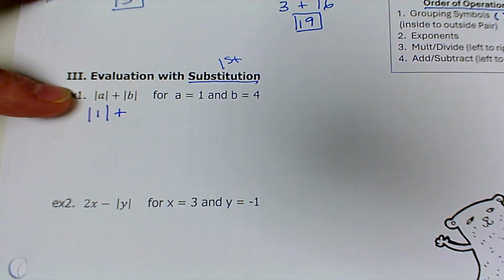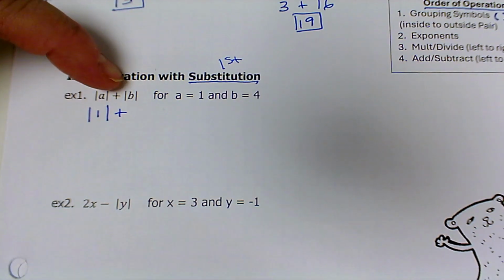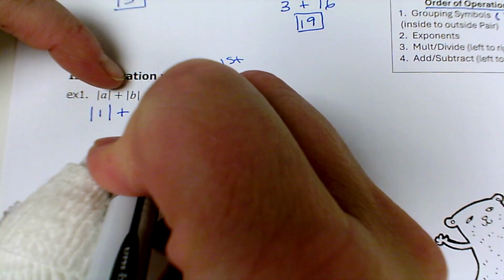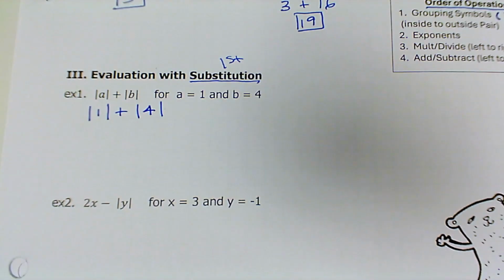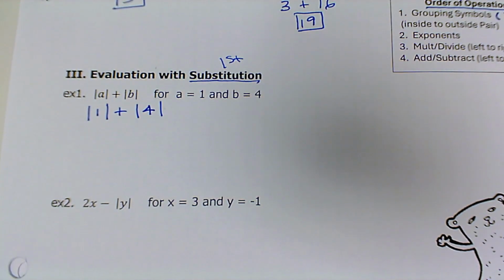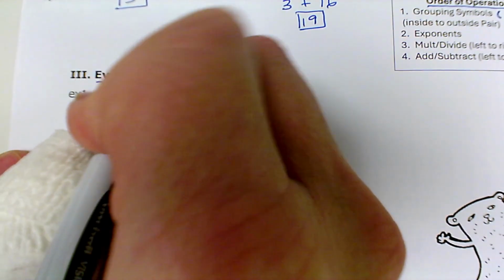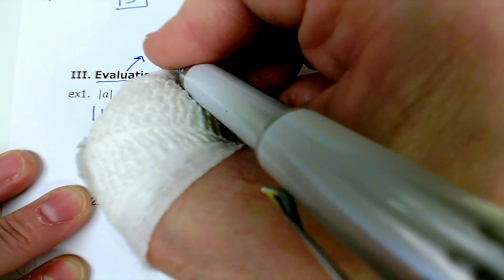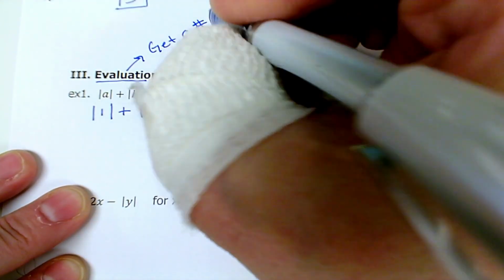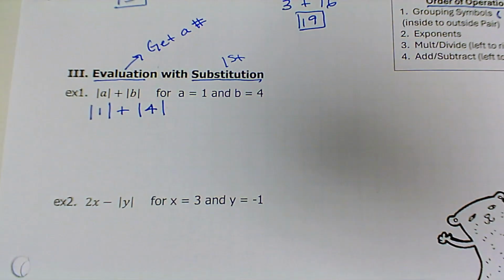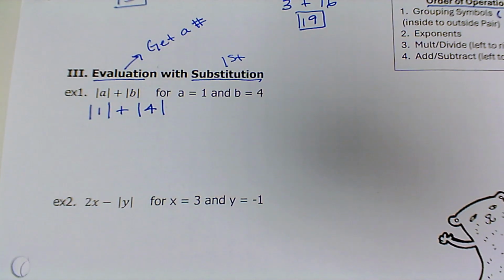Plus, we've got the absolute value of B, B is 4, so the absolute value of 4. So that's your first step, is to substitute. Now, evaluate is slightly different than calculate, because evaluate means that you're going to get a number for your answer. You're going to get a value. That's evaluate. So when you're done, you should have no letters, only a number.